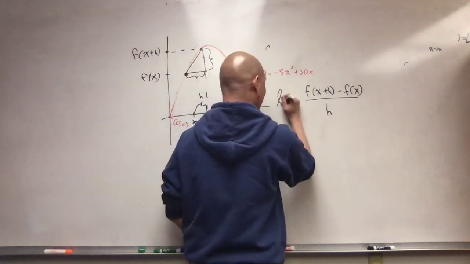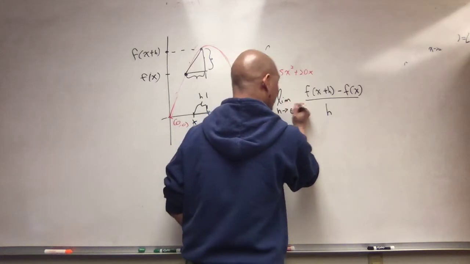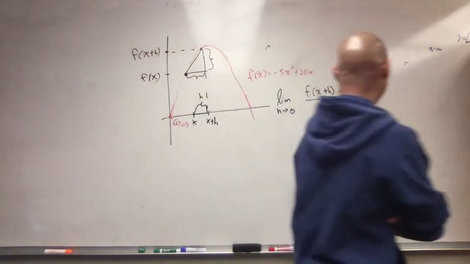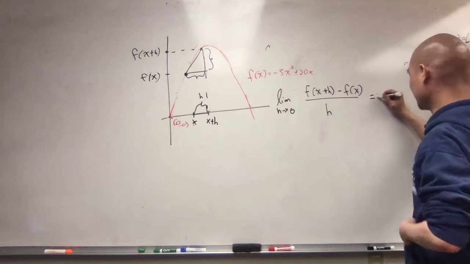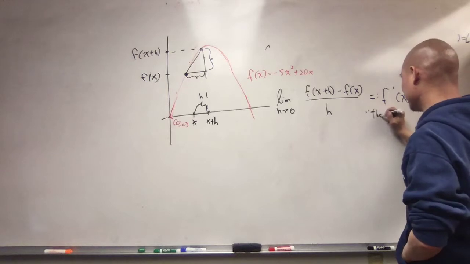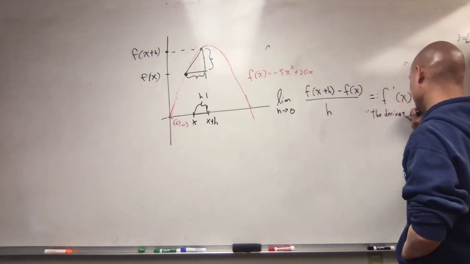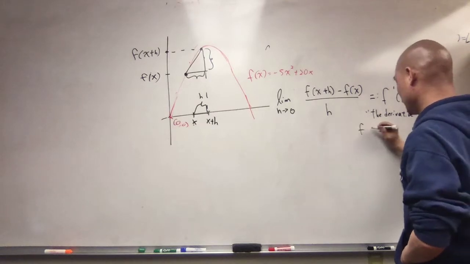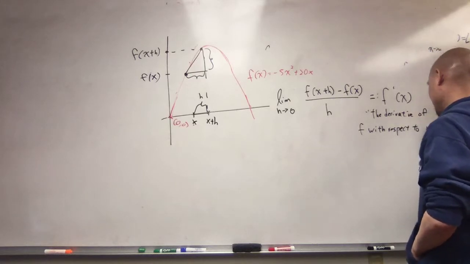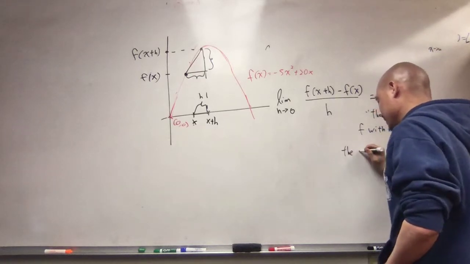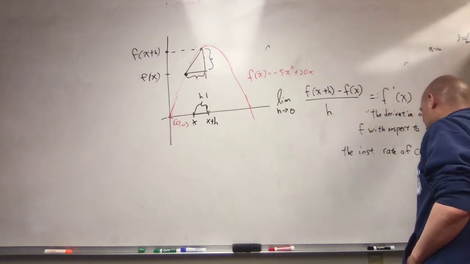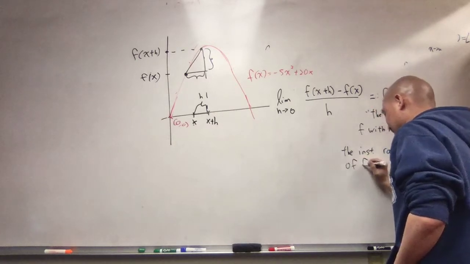So what we're looking at is the limit as h approaches 0 of f of x plus h minus f of x over h. And this thing here is defined to be f prime of x, or the derivative of f with respect to x, and it's the instantaneous rate of change of f at x.